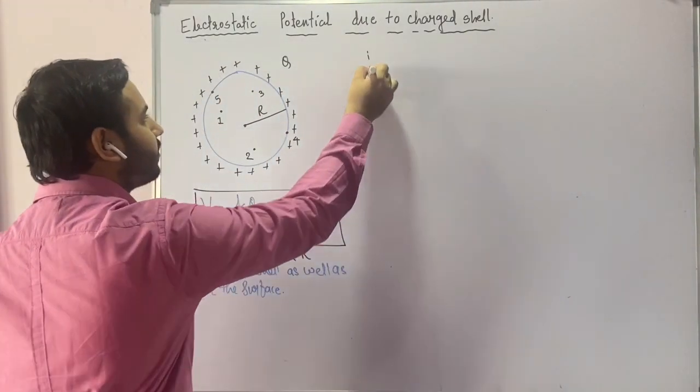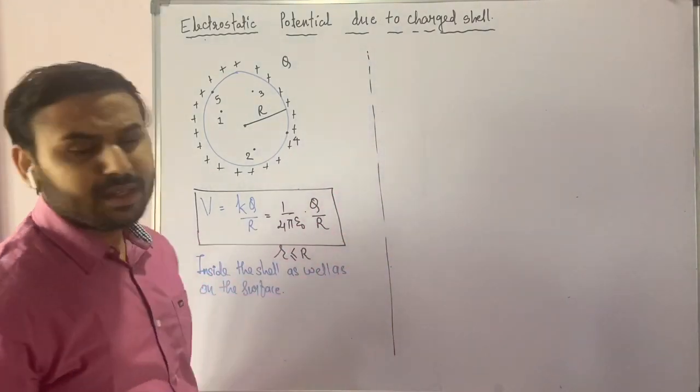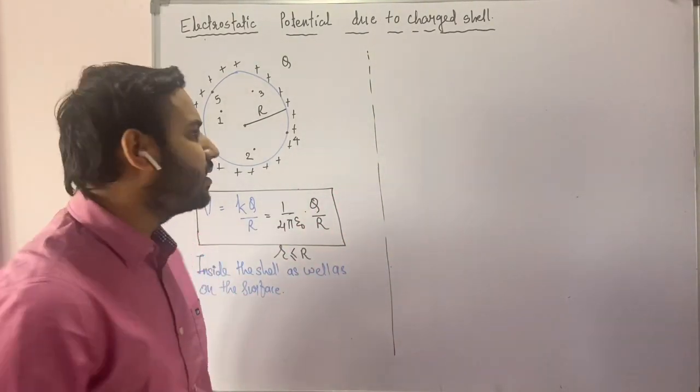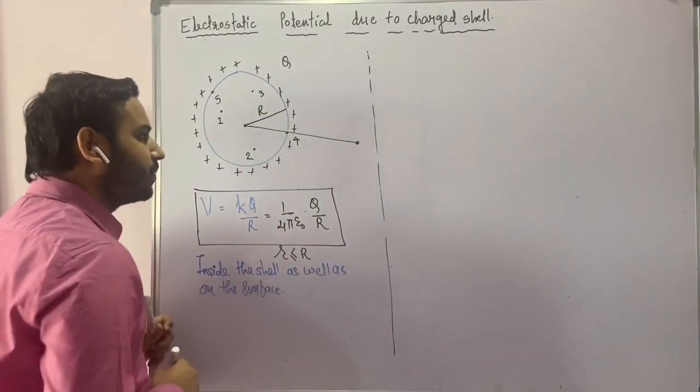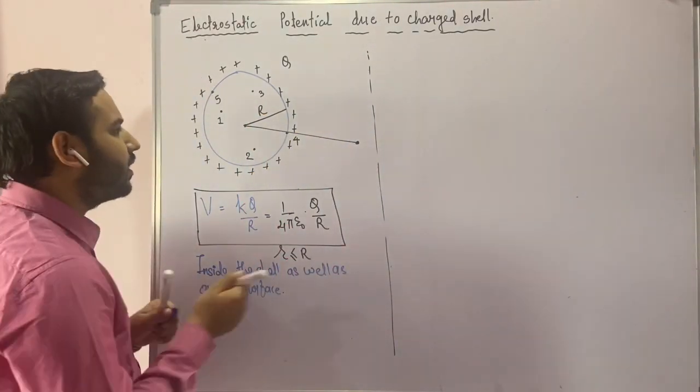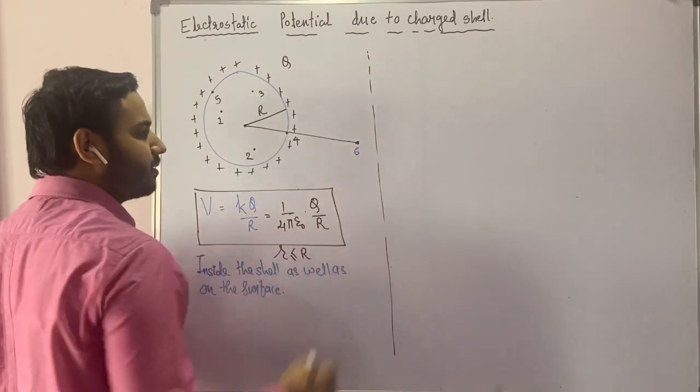Now, what is electrostatic potential outside the shell? Suppose you consider this point as 6.